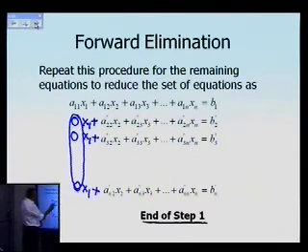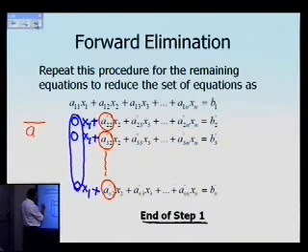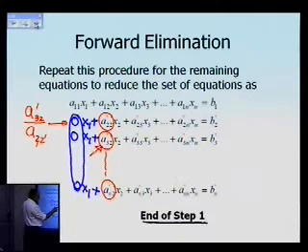What I'll have to do next is take this as my pivot equation, pivot element, and make this 0 and all of the elements below it 0 as well. So what that means is that I'll have to divide by a22 prime. Let's suppose I want to make this 0, I'll have to divide by a22 prime and multiply it by a32 prime. So I'll take this equation and multiply it by this multiplier, and then when I subtract it from this particular equation, I'll get a 0 there.